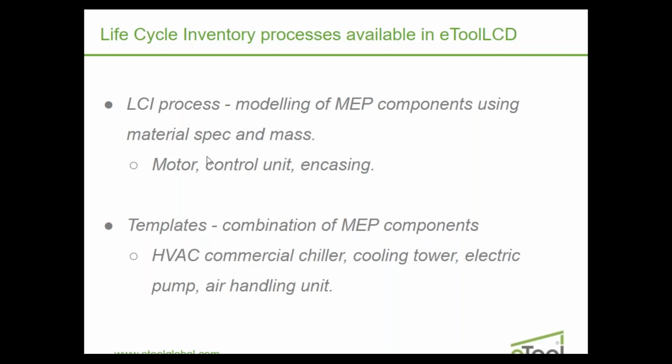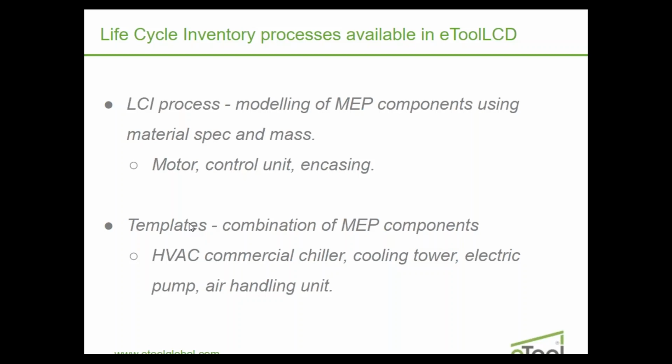And then out of these map components, for example, motor, control unit, and encasing, we then create the templates. So these templates are a combination of these elements put together. So we're then able to create large systems like cooling towers or chillers, electric pumps and air handling units.